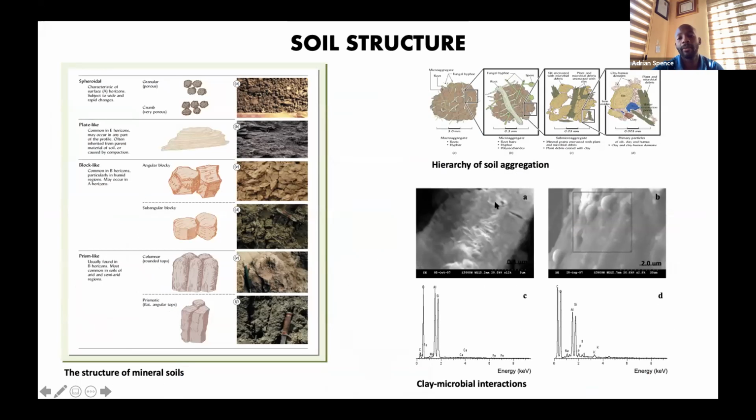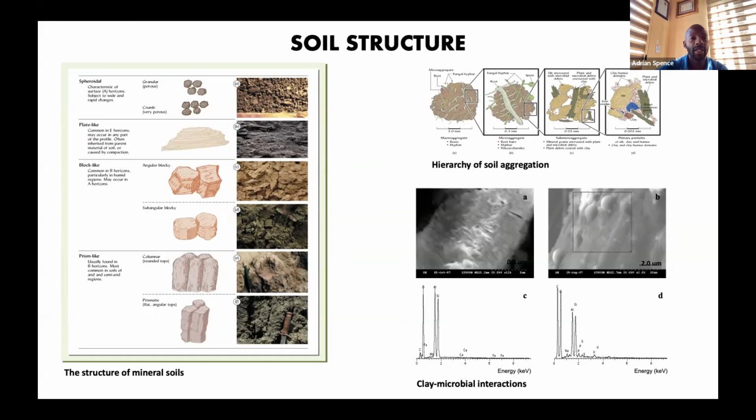So again, just kind of looking at clay structure, you can see this sort of stacking in the clay. This, for example, is a 1-to-1 clay. Right, so this leads me to this figure here, which basically looks at soil structure, which is basically the spatial orientation or organization of the different sized particles within the soil.